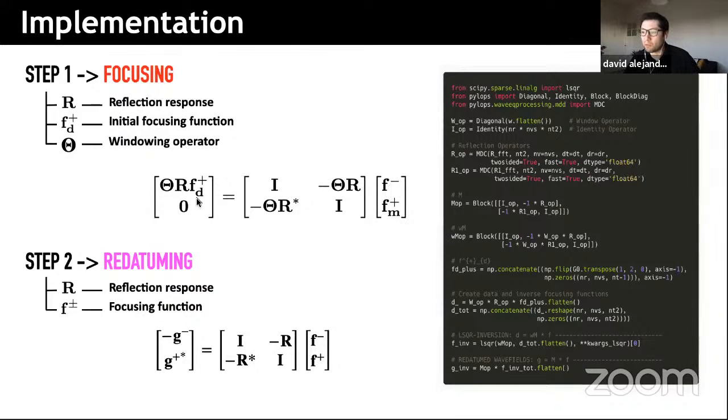But we assume that we know at least a fairly good estimation of the initial focusing function, which is basically the direct wave of the Green's function that I showed in one of the examples before. And clearly here, if you want to estimate these focusing functions, you need to invert for them.